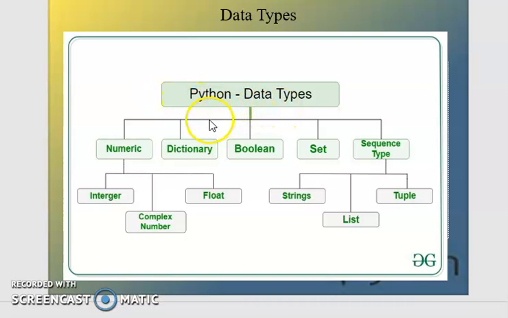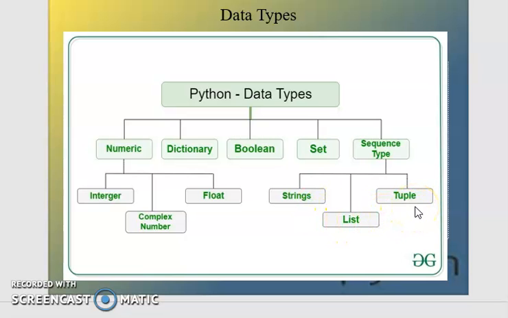Python data types consist of numeric. In the numeric data type, that is integer, float and complex. That is the numeric part. Then dictionary and boolean, set, and sequence type, which consists of strings, list and tuple.